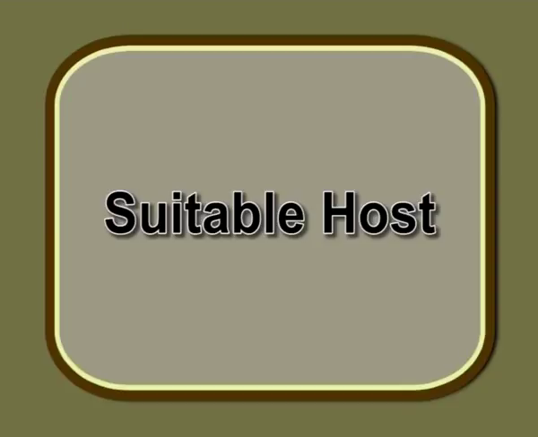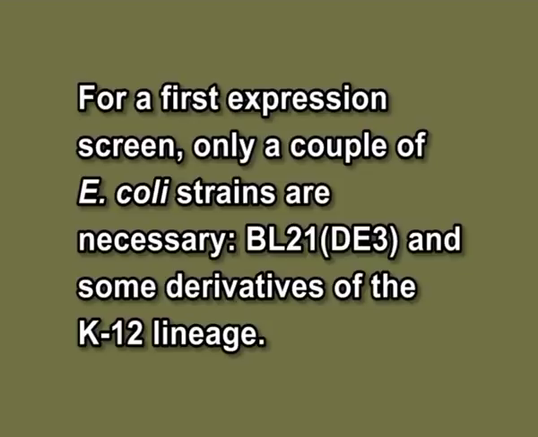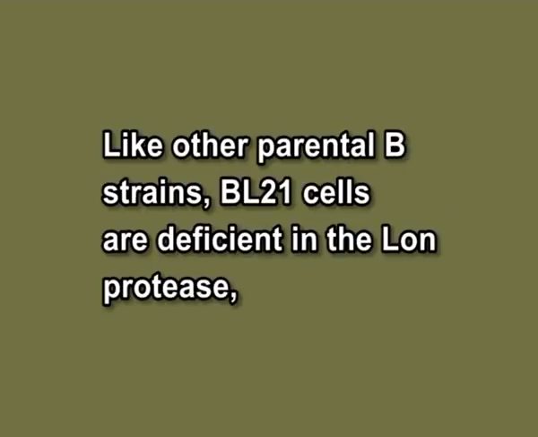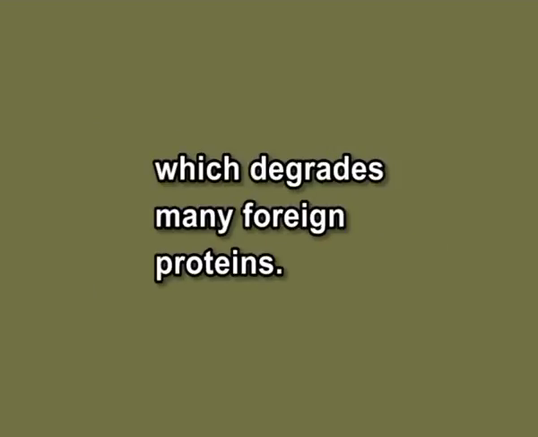Now let's see about suitable hosts. For the first expression screen, only a couple of E. coli strains are necessary: BL21(DE3) and some derivatives of the K12 lineage. Like other parental B strains, BL21 cells are deficient in Lon protease, which degrades many foreign proteins.